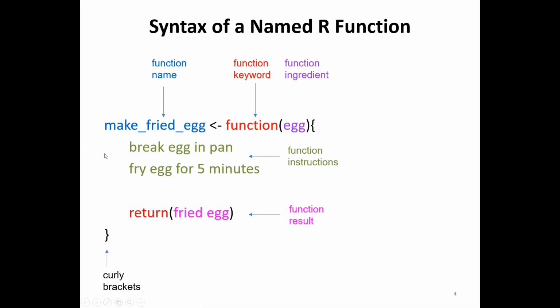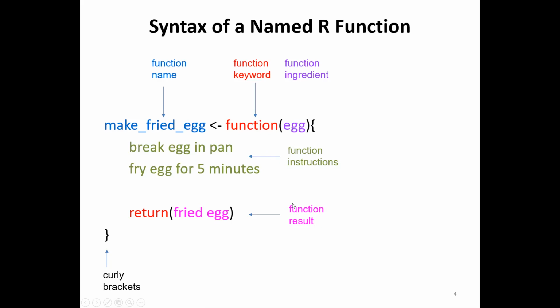For the named function, you will need a name for it, for example, make fried egg. Then you need the assignment operator, this arrow pointing to the left. Then you have the keyword function, which you're always going to use to define the function. Then you have the ingredients. For instance, it could be egg, or you could have multiple ingredients, egg and cheese and parsley, an onion or whatever. Multiple ingredients are separated by commas.